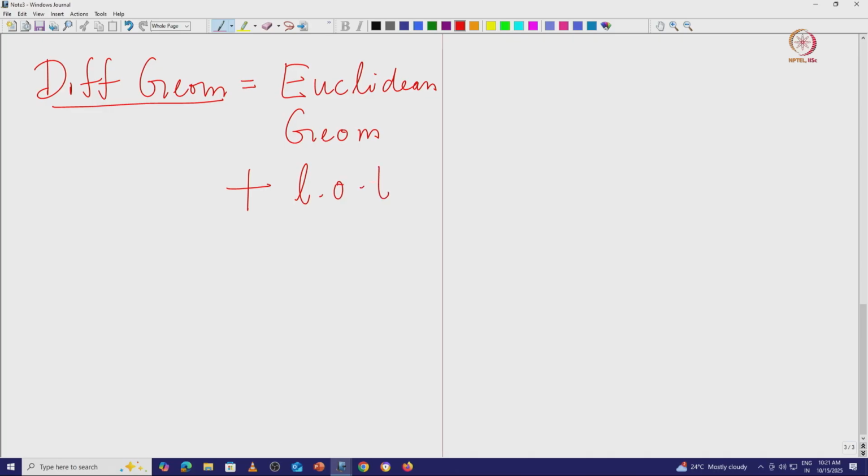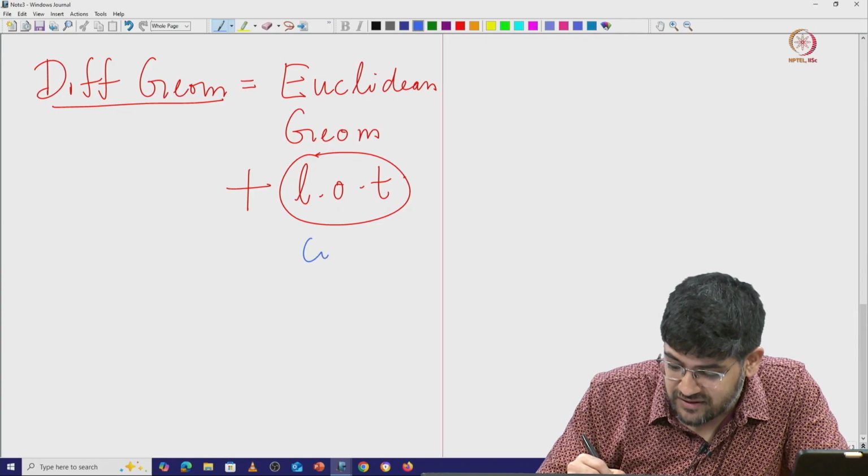This will be a theme throughout this course, that whatever new notions we introduce, up to first order they will all agree with their naive counterparts in Euclidean geometry, but in order to make sense on an abstract manifold, one has to add lower order correction terms to make sure that the quantity you are defining is actually invariant. The way to do this is via this notion of a connection.